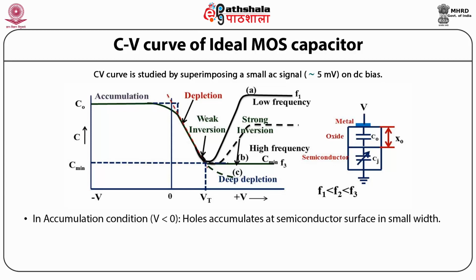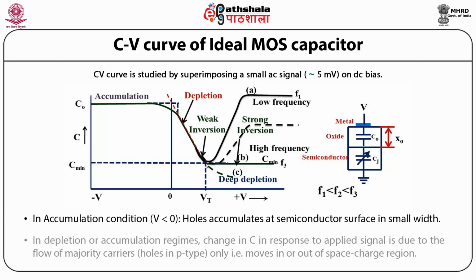So in this accumulation region, Cj becomes very large and the MOS capacitance is a constant quantity approximately equal to C naught.